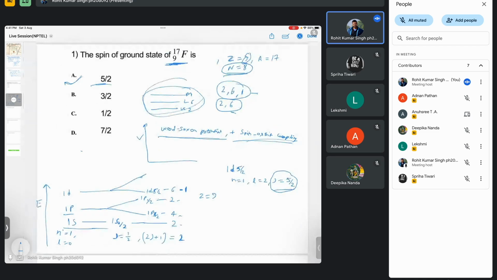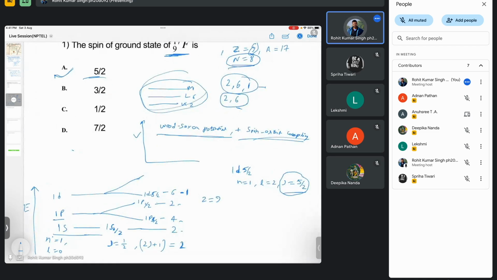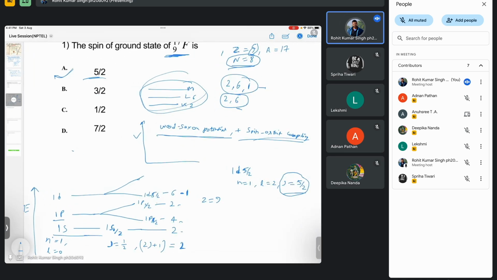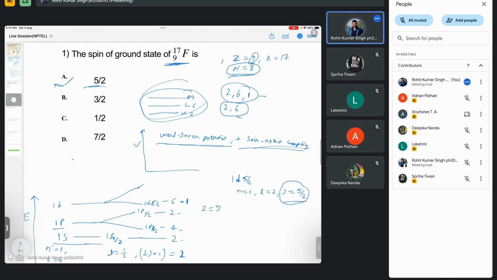I cannot go over the whole detailed theory. You should go and watch the lectures and then come back to the problems. It's a simple concept, but the essential thing is this one, like the unpaired nucleon governs the state of the whole nucleus.